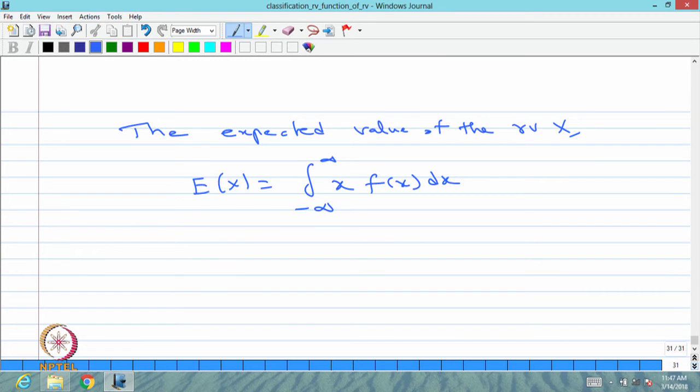If it is a finite quantity, then without the absolute sense, that is going to be the expected value of the random variable. I am going to give one example for a random variable in which the expectation does not exist, and one or two examples where the expectation exists.